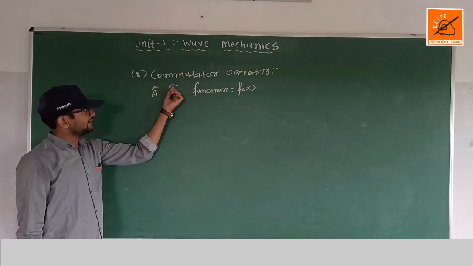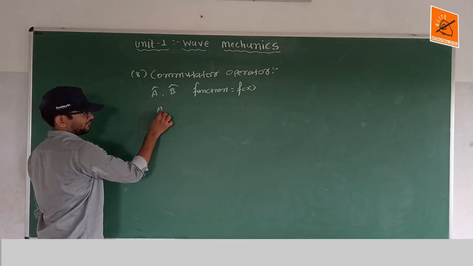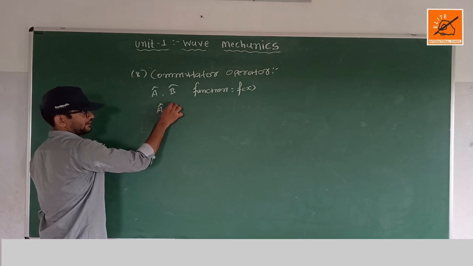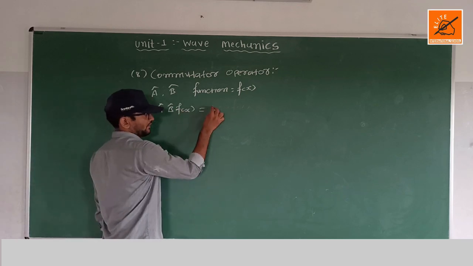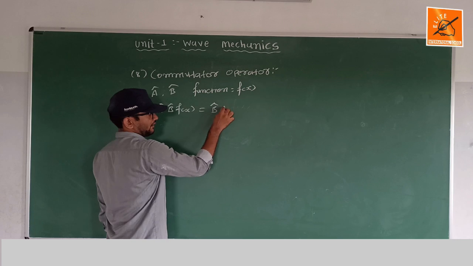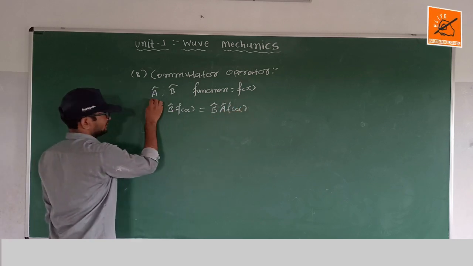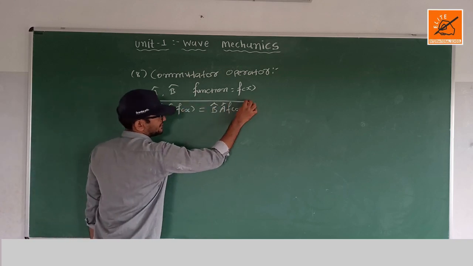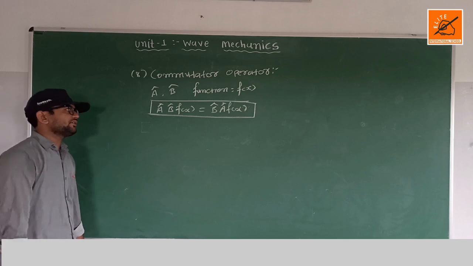It follows the condition that in a commutator operator, a cap b cap f(x) is equal to b cap a cap f(x). So this is the basic condition for both operators to commute.